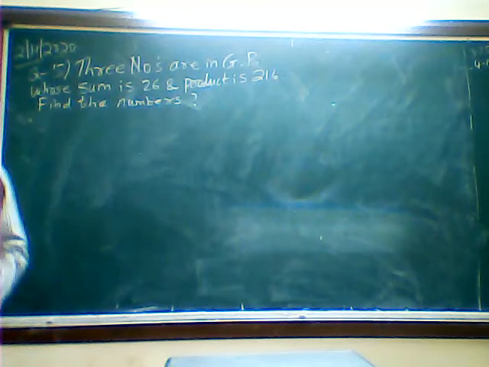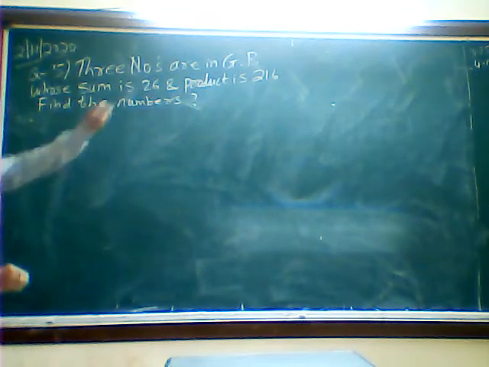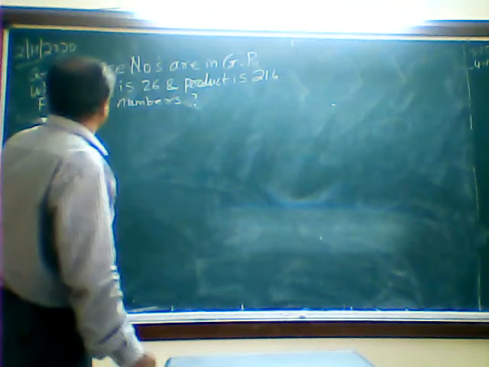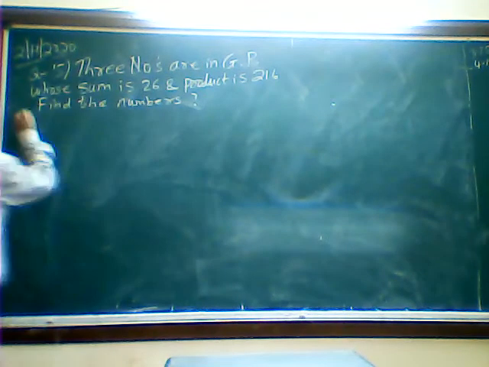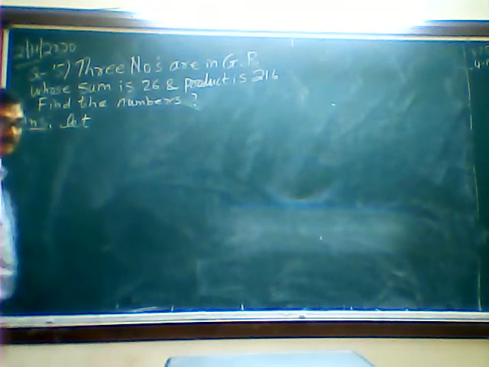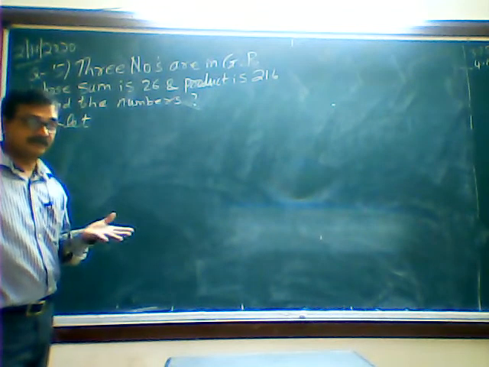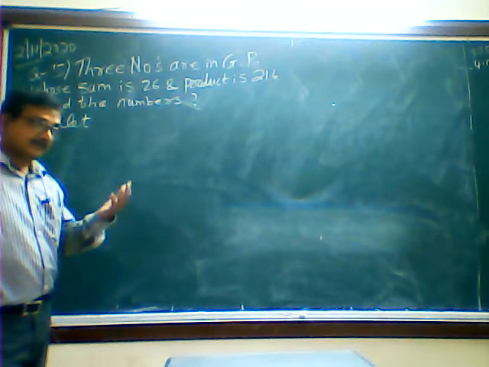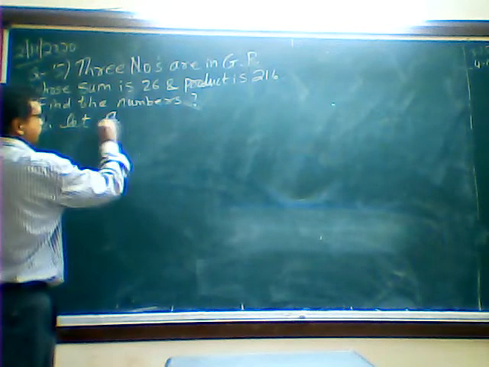Okay, same like arithmetic progression. What is asked? Three numbers are in GP whose sum is 26 and the product is 216. In GP, the first number was A upon R, then A, then AR.